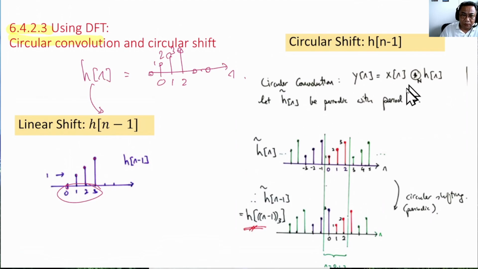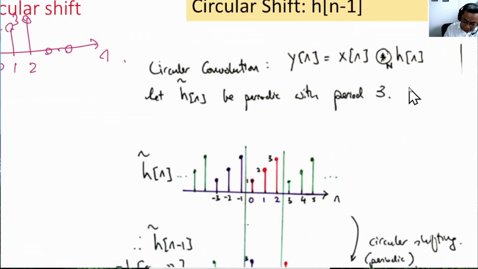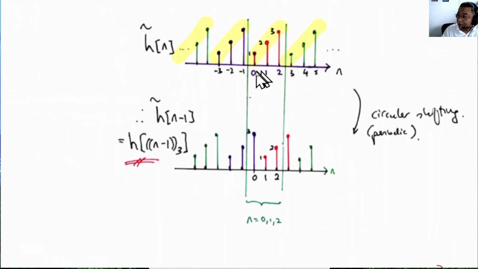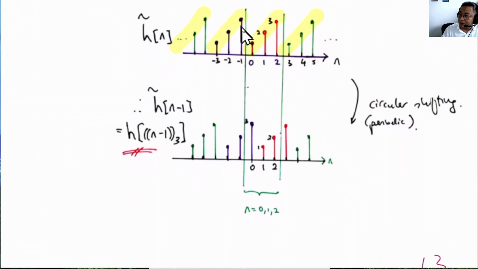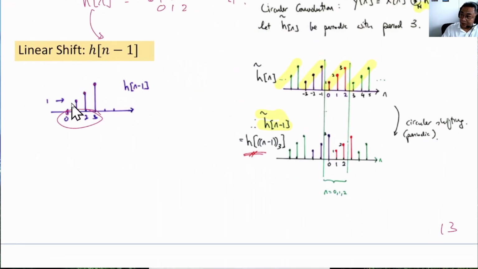Now, what about circular convolution? In this particular case, if h[n] is represented as periodic with 3 samples, then h[n] is actually these 3 samples, and on the left-hand side, they are not zeros, they are just the previous repeating 3 samples. So what happens with h[n-1]? It would not be the same as this result.